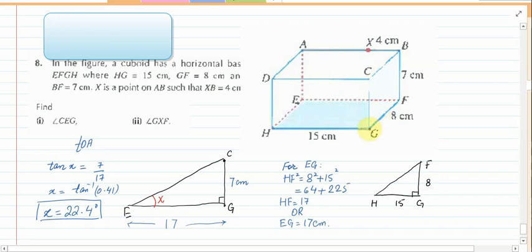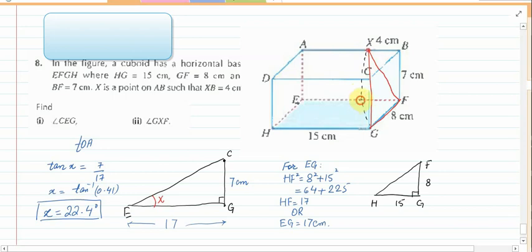GXF, so G to F and then X to F and then X to G. So that is my right angle triangle. Before that, I am going to find the value of GX.